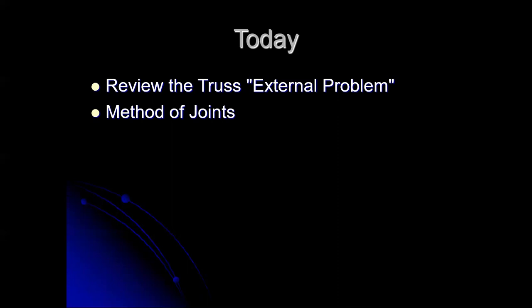The method of joints is a method of exposing the internal forces in a truss by looking at the equilibrium of the connection joints, or the pins that hold the truss together. By looking at the forces on those pins, we can figure out what kind of forces there are on the members and what loads each individual member must carry.